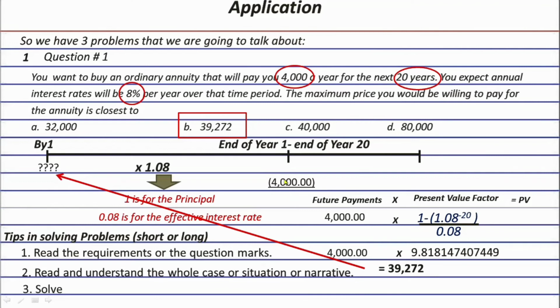And then you need to work back and add back the 4,000. Then, after adding back the 4,000, you need to divide it by 1 plus interest or 1.08 to get the balance of the 19th year. So, after that, you need to repeat the process until you reach the beginning of year 1.